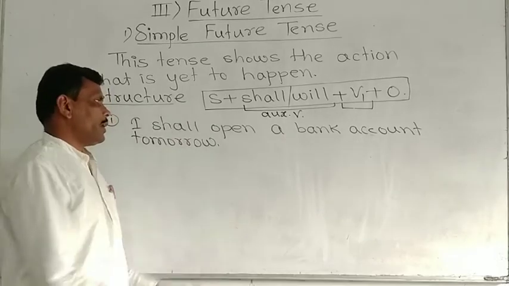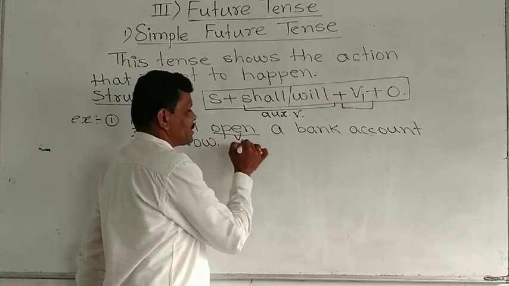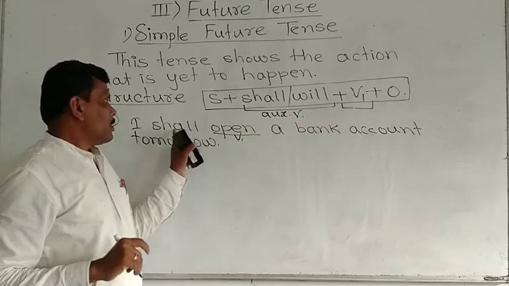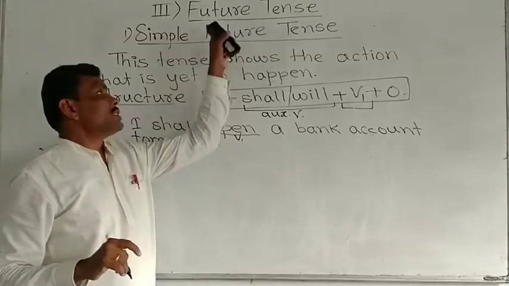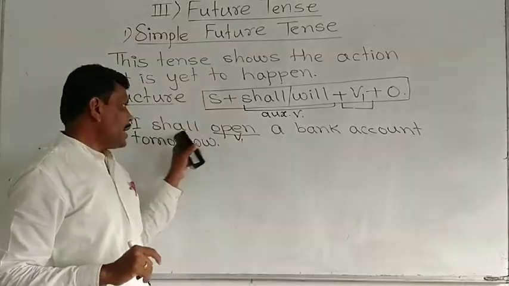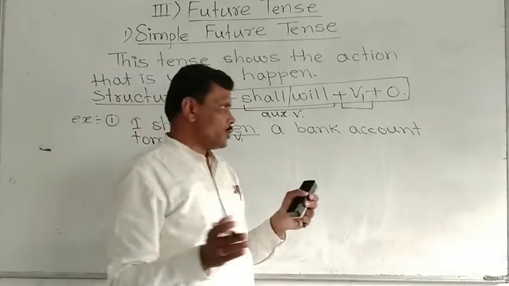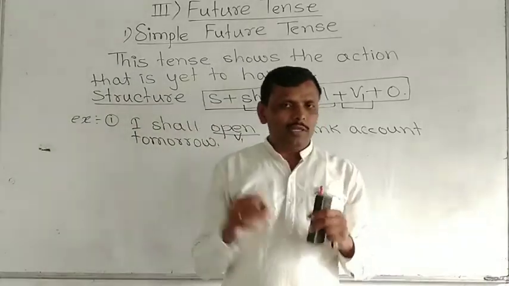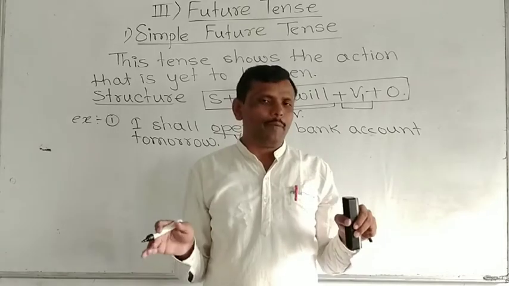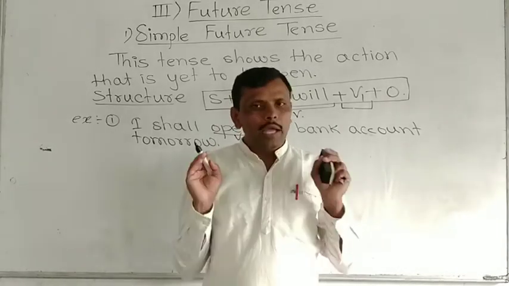I shall. And after shall there is V1. Shall plus V1, this is simple future tense. I shall open a bank account tomorrow. This action has not happened, but it is yet to happen.